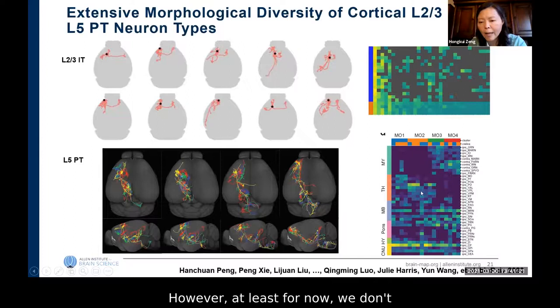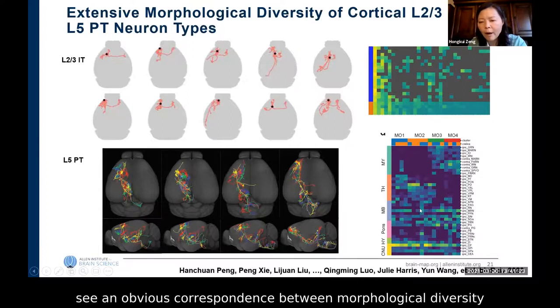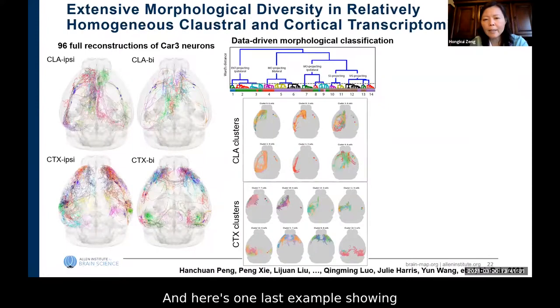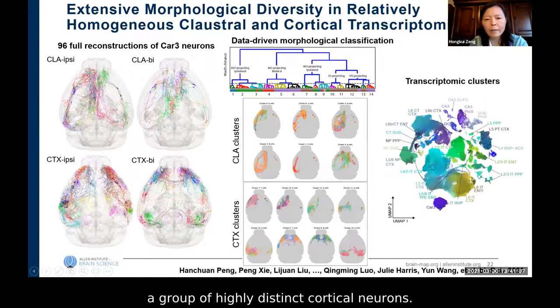However, at least for now, we don't see an obvious correspondence between morphological diversity at a refined level and transcriptomic diversity. And here's one last example showing a group of highly distinct cortical neurons.